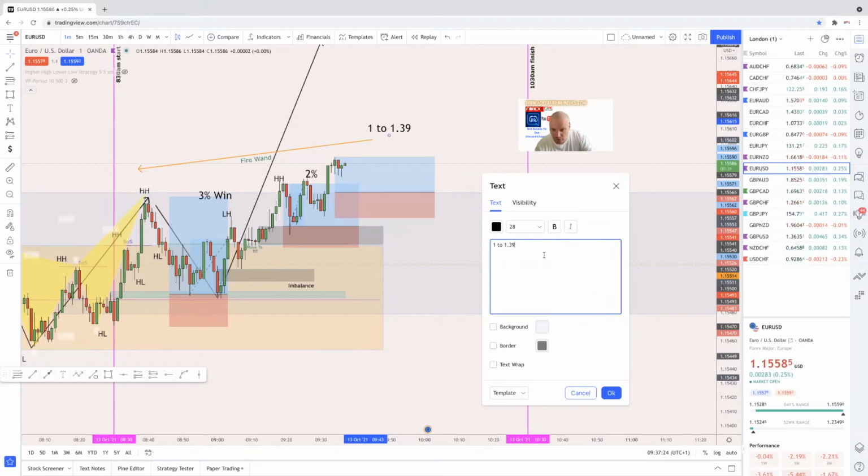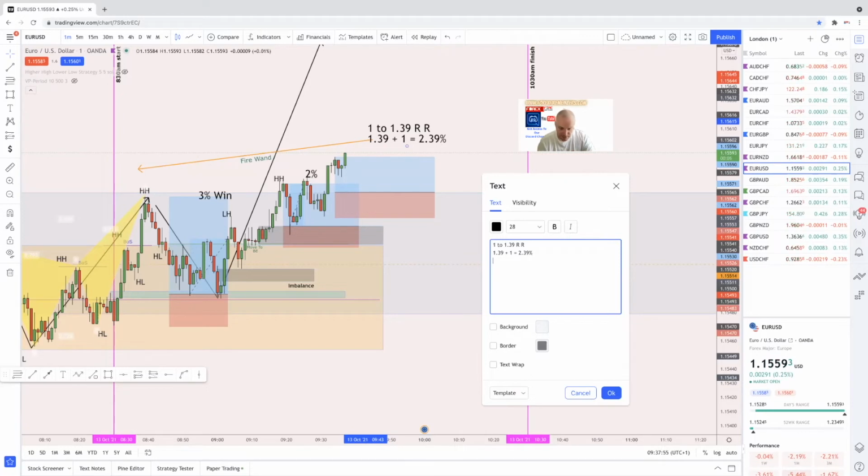To 1 to 1.39 R. From there, you're going to be doing 1.39 plus your 1. That's going to equal 2.39, okay, percent.